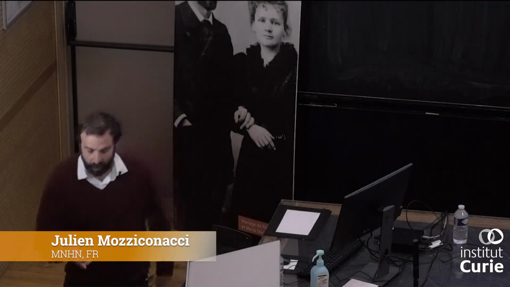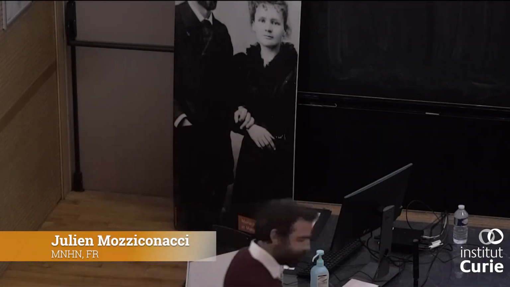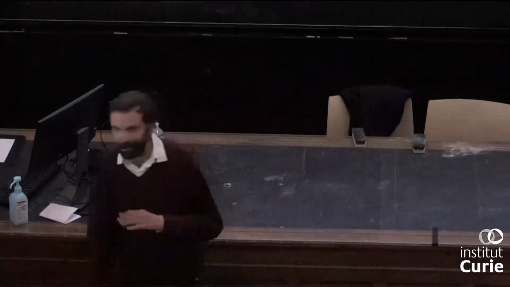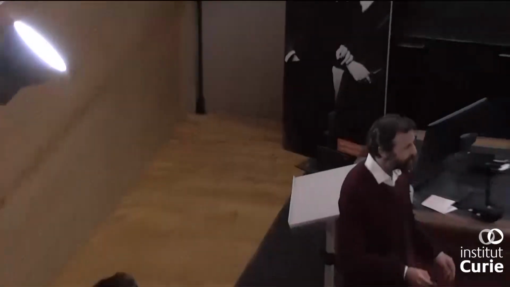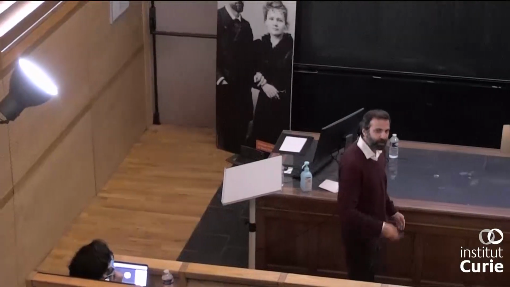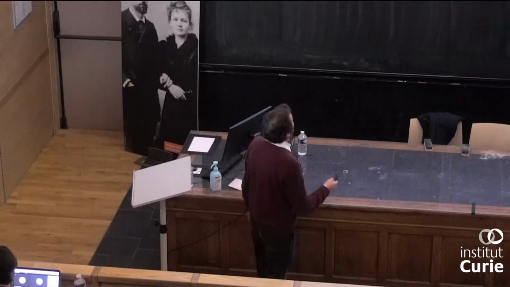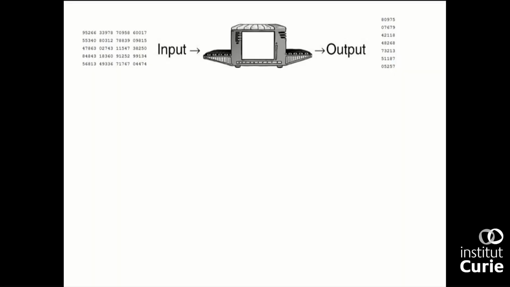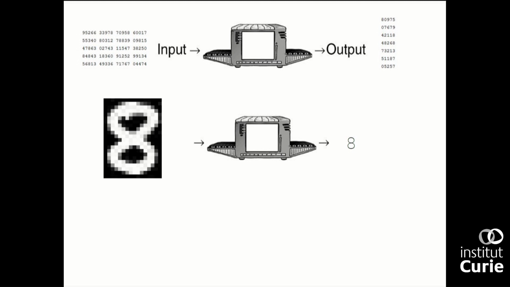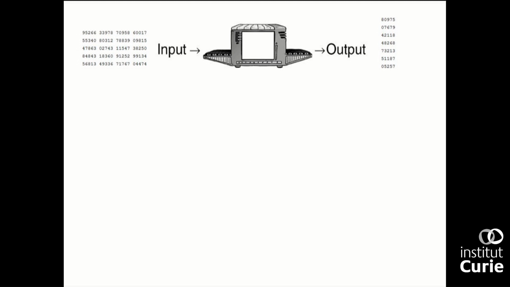So maybe for the one person who still did not understand exactly how a deep neural network works, I will still do the introduction, and I guess it will be a bit different from what you heard this morning. The basic idea is very simple: what a deep learning model does is just take numbers as input and give out other numbers.